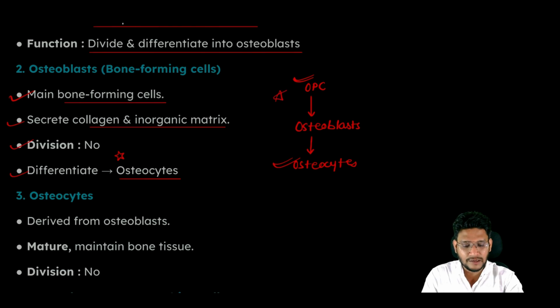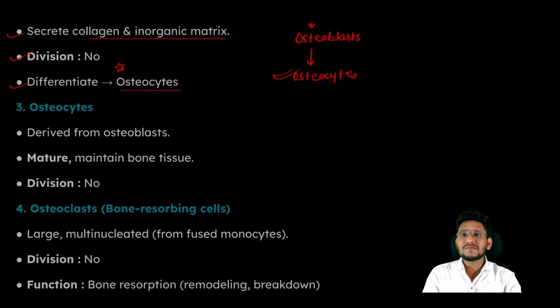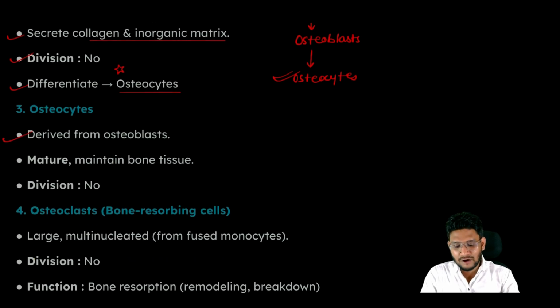This flow chart is important. Osteoblasts arise from osteoprogenitor cells, and osteocytes arise from osteoblasts. Osteocytes are mature cells. This is important.